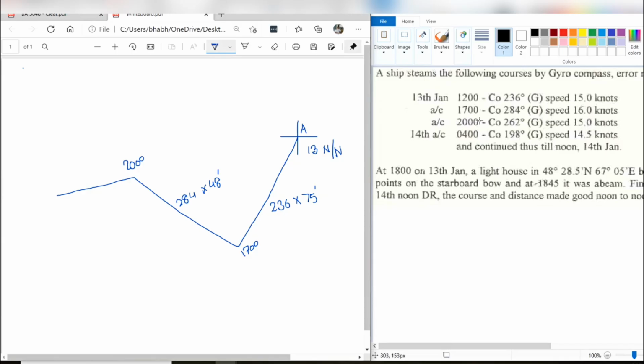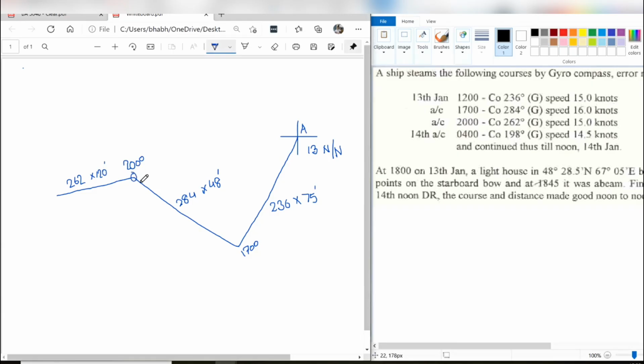So from 2000 it goes up to 0400, so that means 8 hours. So what is the distance here, beta? 262 is the course. 120. Very good. The distance is 120 miles.